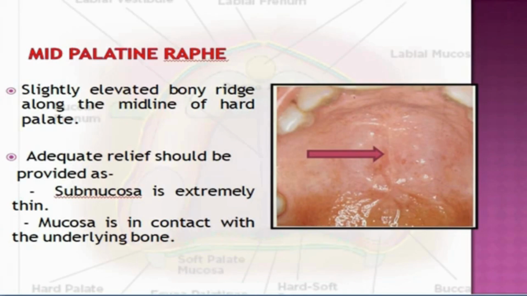Mid-palatine raphe. Mid-palatine raphe is present in the middle of the two palatine bones, and it's a junction between the two. This is a slightly elevated bony ridge along the midline of the hard palate. Adequate relief should be provided in this area as the submucosa is extremely thin and the mucosa is in contact with the underlying bone.